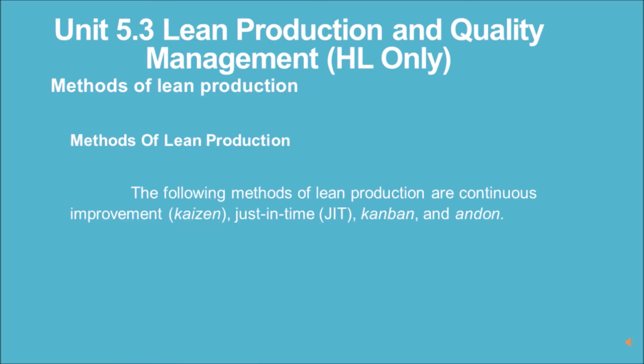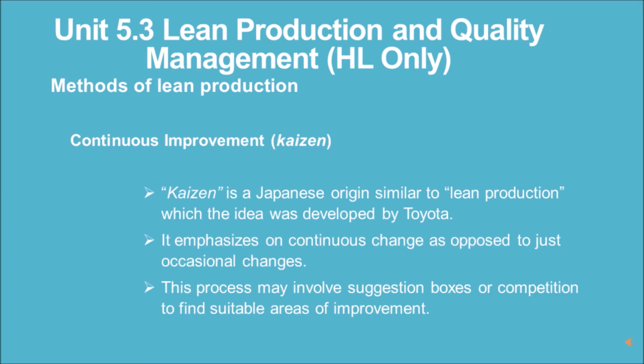Methods of lean production. The following methods of lean production are continuous improvement, Kaizen, just-in-time, JIT, Kanban, and Andon. Continuous improvement, Kaizen. Kaizen is of Japanese origin, similar to lean production, and the idea was developed by Toyota.